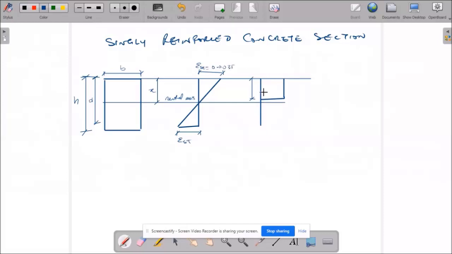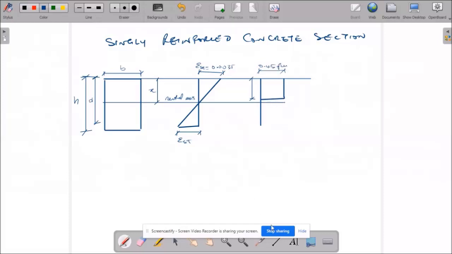Then this is the length of our stress block, and this is 0.45 FCU.